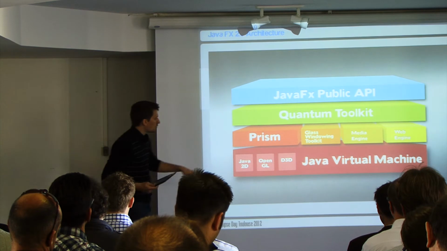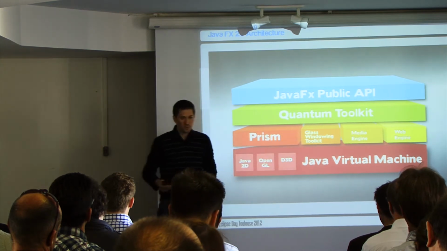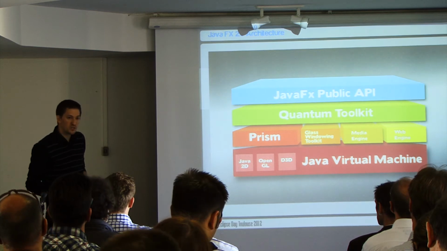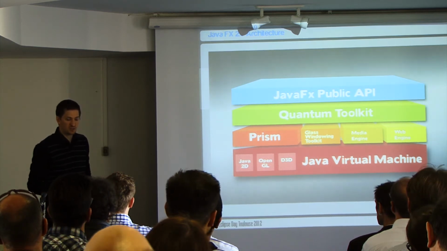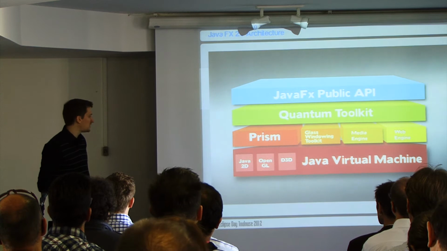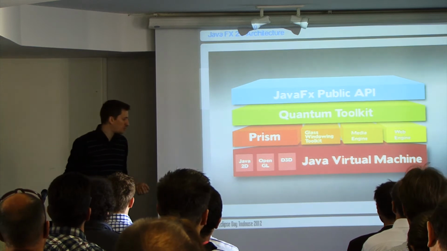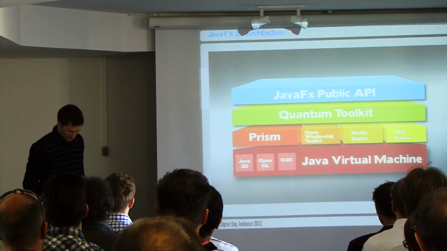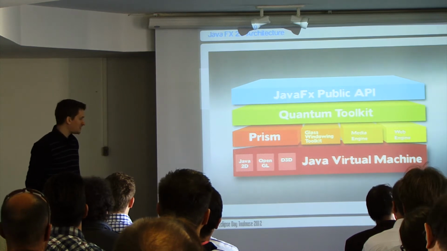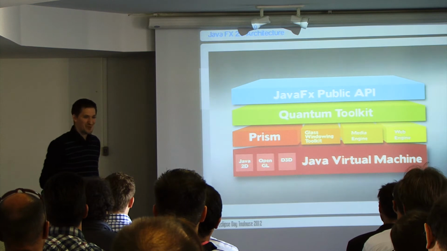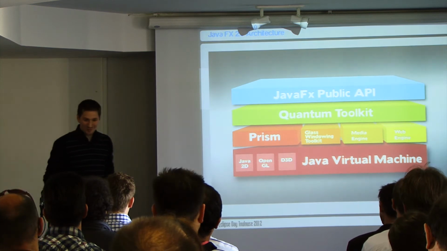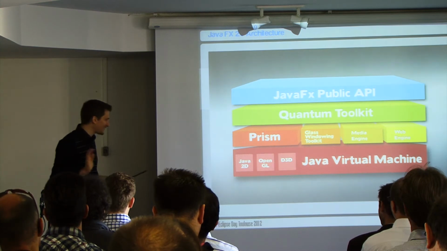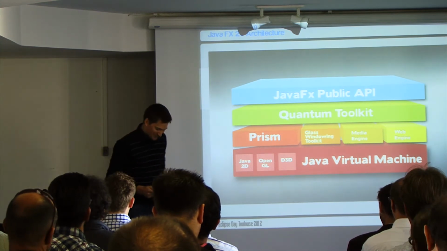In orange, we have the Glass windowing toolkit, which is the abstract layer to manage windows on all the supported operating systems, which are Windows, macOS, and Linux. JavaFX is not mobile yet, but perhaps due to a license war, we don't know. I work hard to do it, but it's difficult.